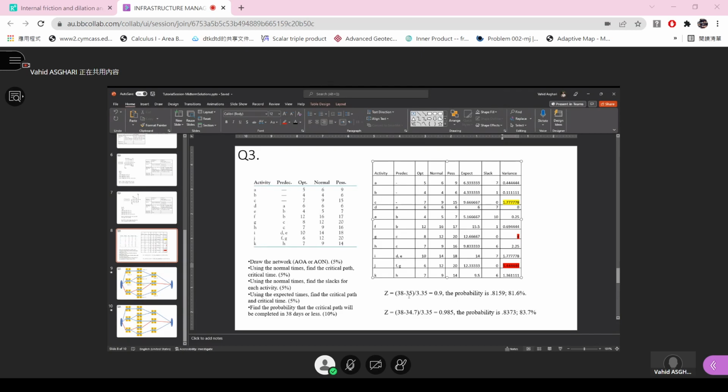If you round the duration to 35 days, you will also have a probability of 81%, and it is going to be fine. No worries about that. So both of them should be fine.